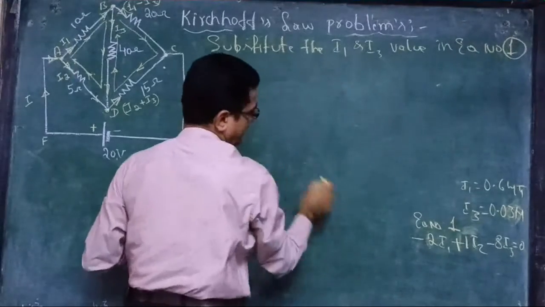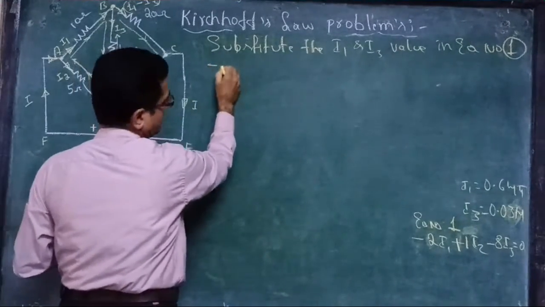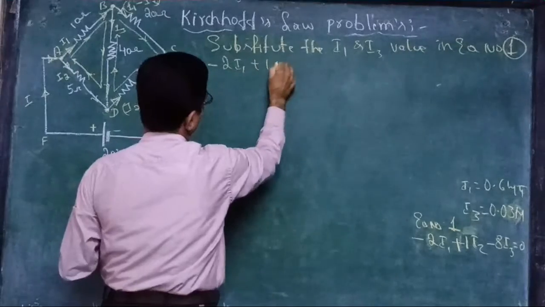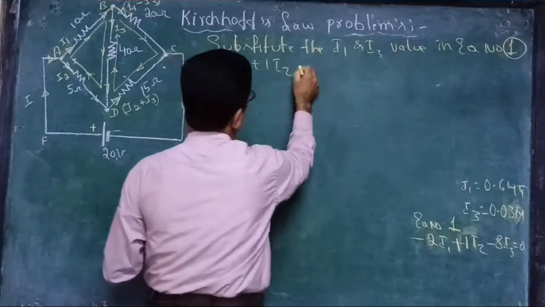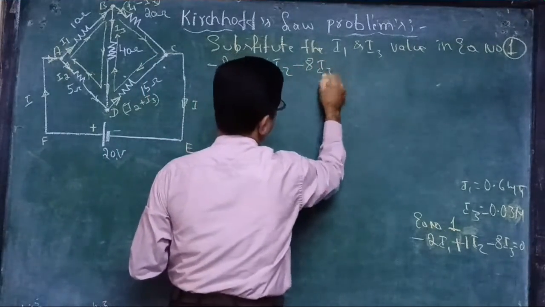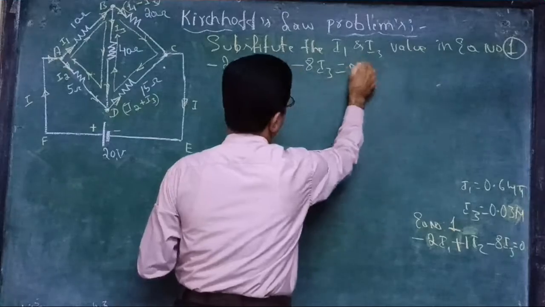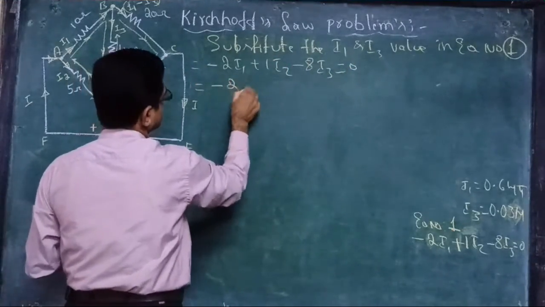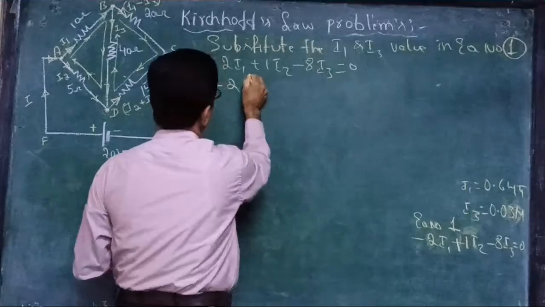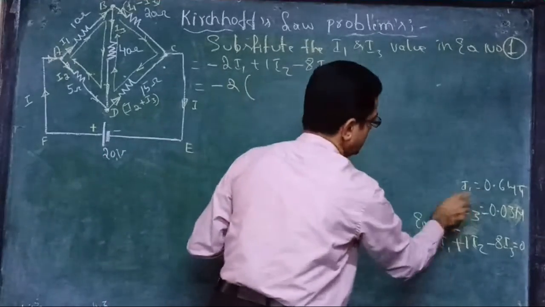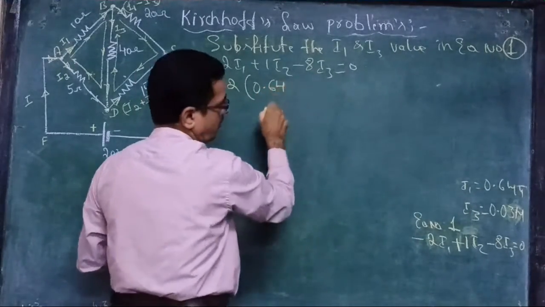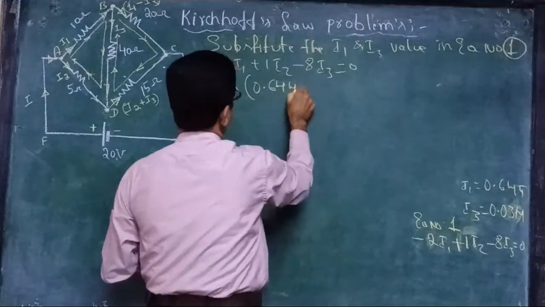Okay, so here I'll write minus 2 I1 plus 1 I2 minus 8 I3 is equal to 0. Okay, here minus 2, I1 value how much? 0.644.